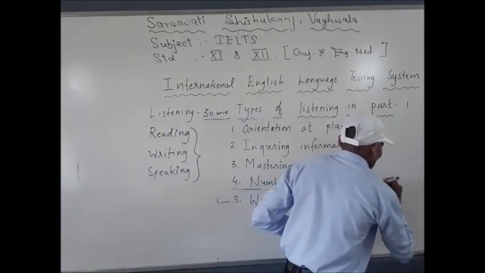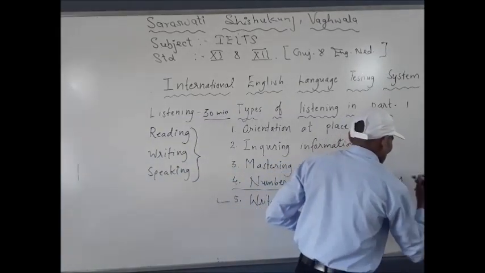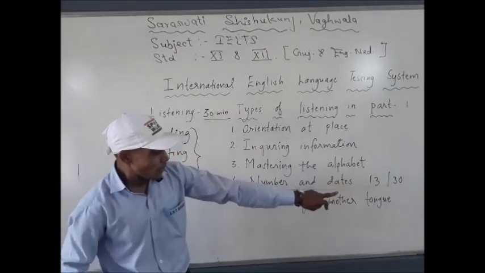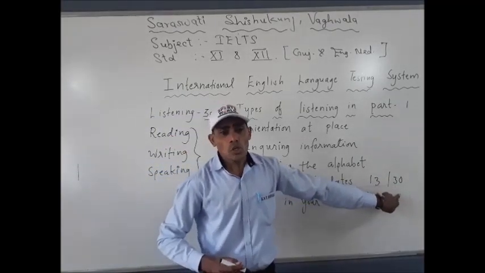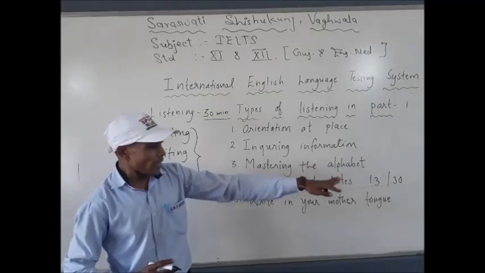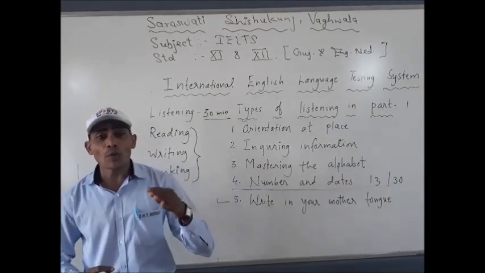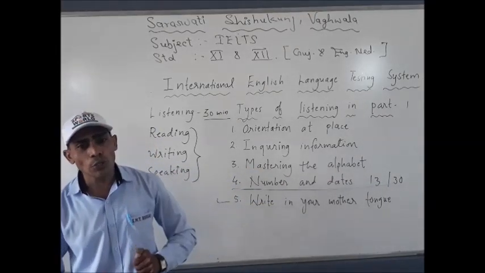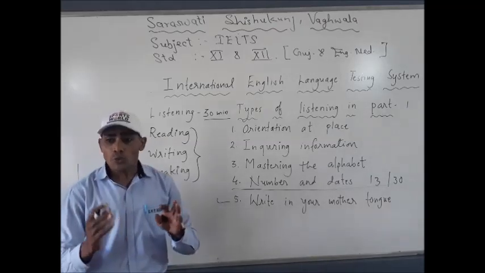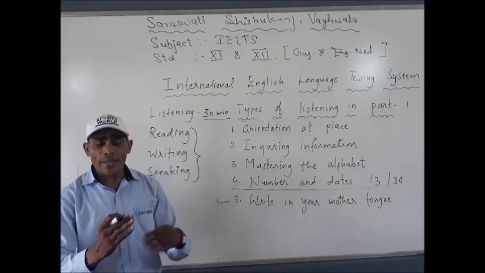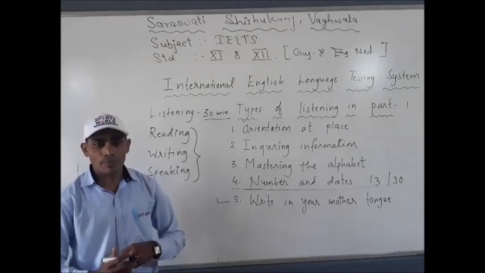Here 30 and 38, there are two times we say 13 and here 38. So we need to listen to it very carefully. Why? Because we get only the first attempt. The second time you are not going to get listening. So that's the reason you need to listen very carefully and attentively.